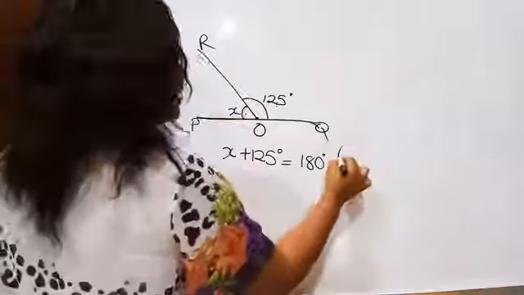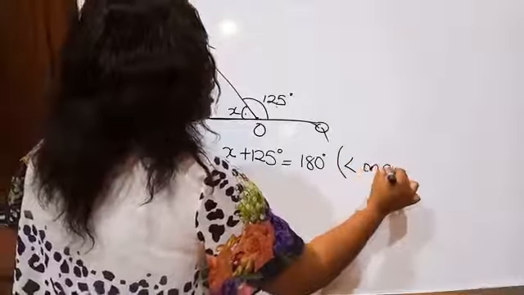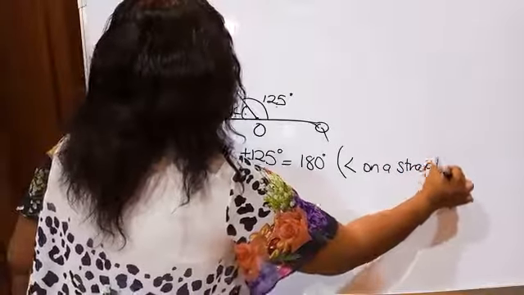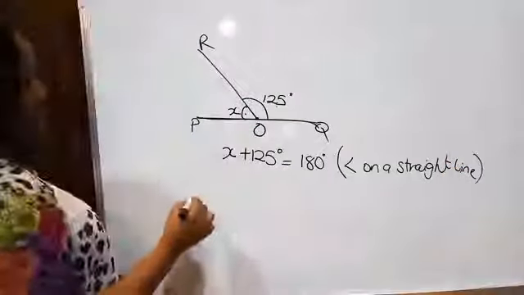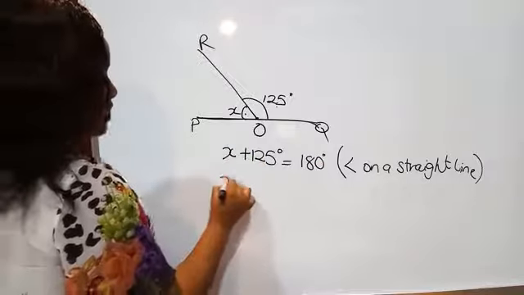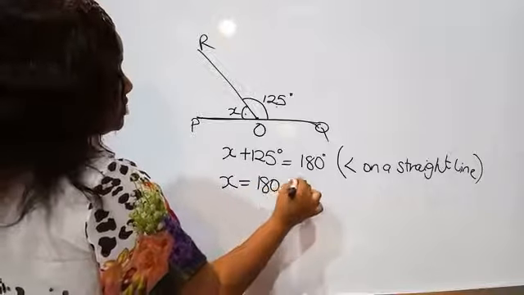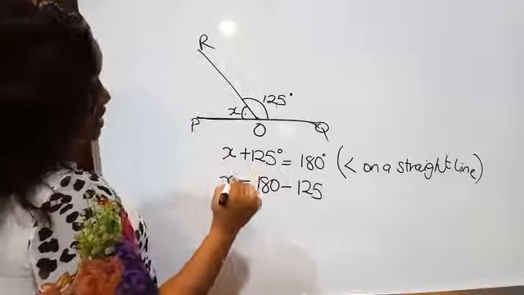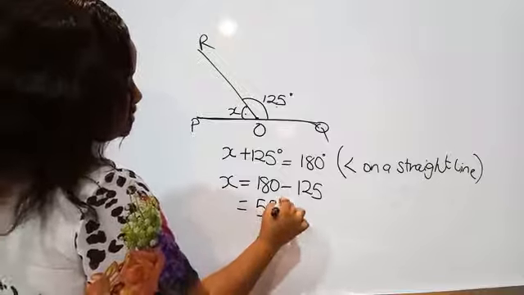Reason: angle on a straight line. So you have x, remember this is a linear equation, you collect like terms together. You have x equals 180 minus 125 degrees, which gives us 55 degrees.